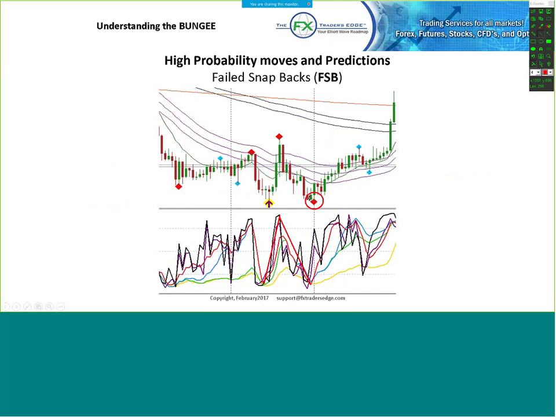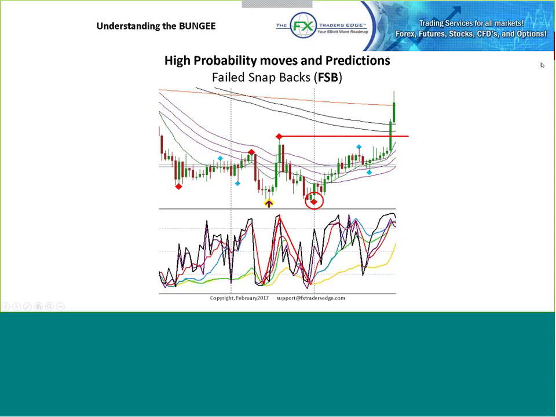We covered what failed snapbacks are last week. And when that happens, when the red and blue bungees, and in this case the green as well, turn back up, and certainly when they break out of the reversal zone, that confirms that is a failed snapback, and you're on your way to taking out the previous high. And we did.